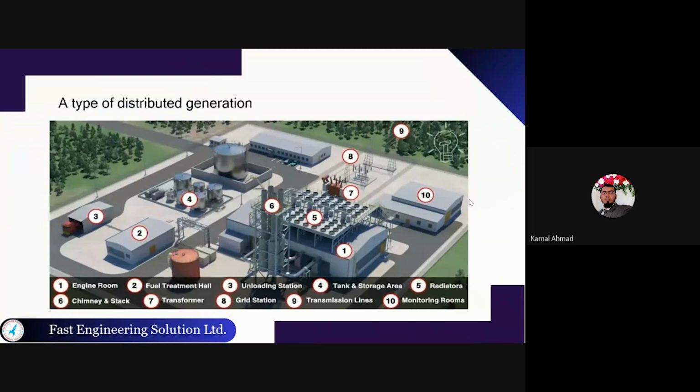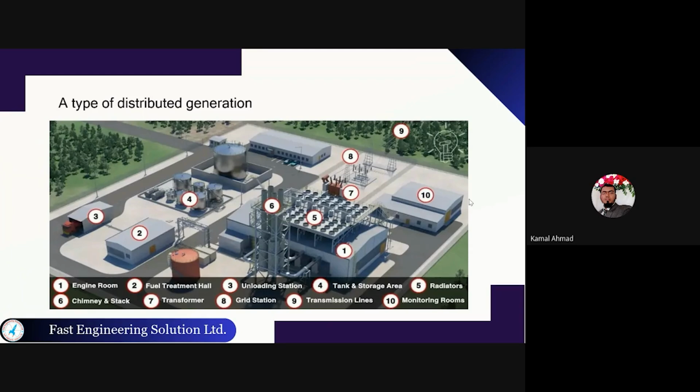Now we are looking at the typical distributed generation of a captive power plant. Number one, you see the engine room. We see one fuel treatment hall, one unloading station, tank and storage area, some radiators to radiate the heat of the captive power generation plant, chimney and stack to exhaust the flue gas after proper utilization, and a transformer to transform the voltage, high voltage to low voltage or low voltage to high voltage.